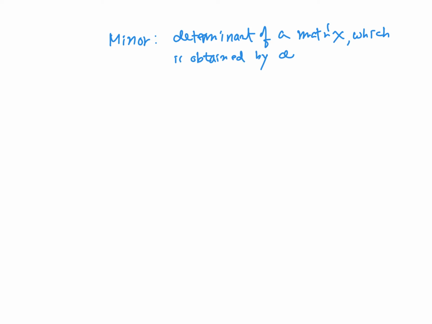Minor. A minor matrix is obtained by deleting a particular row and column.